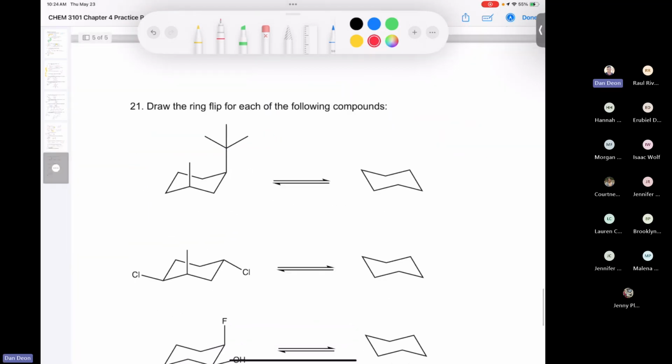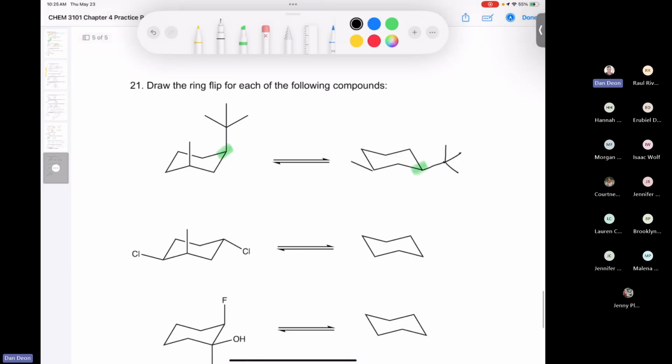The next one, draw the ring flip for each of the following. So if this is our lead carbon, then we'll flip the ring like this. If the tert-butyl group is going up and axial, in the next compound it's going to be going up and equatorial. So we'll have something that looks like this. The methyl group is up and axial, and so now it's going to be up and equatorial, like that.